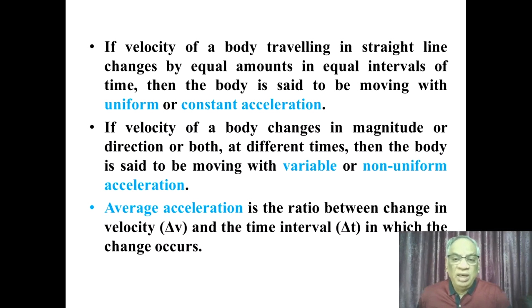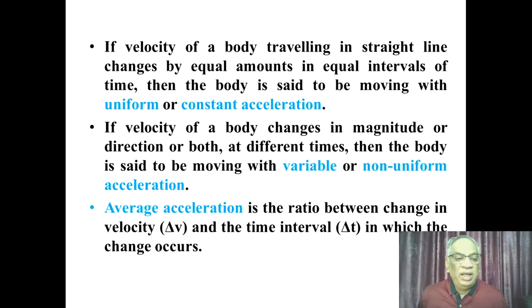Like speed and velocity, here also we have uniform and non-uniform cases. If the velocity of the body changes in magnitude or direction or both at different times, then the body is said to be moving with variable or non-uniform acceleration.